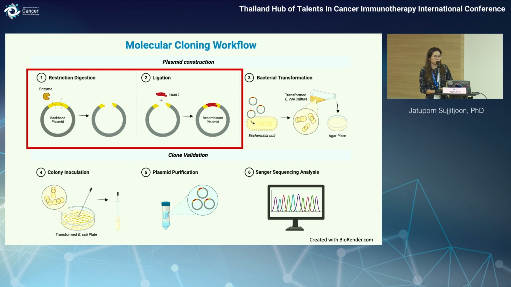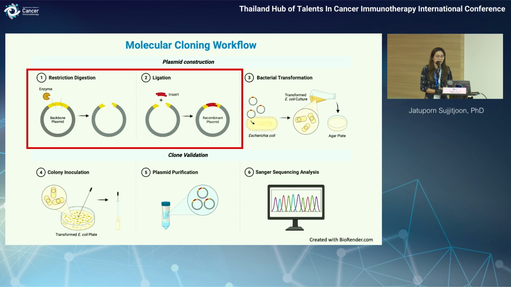This slide shows the overall workflow of molecular cloning. The technique uses a restriction enzyme to cut the plasmid backbone and the insert DNA. After cutting, the plasmid fragment and the insert DNA are ligated together by using an enzyme called DNA ligase.